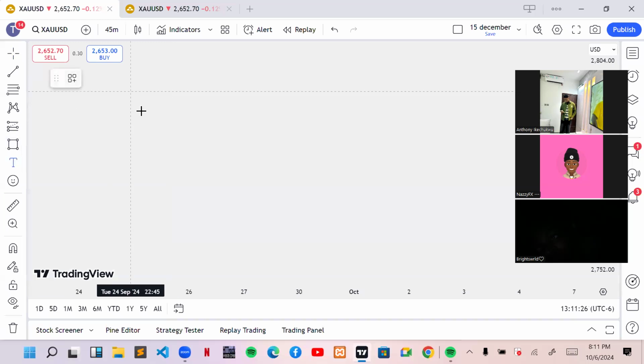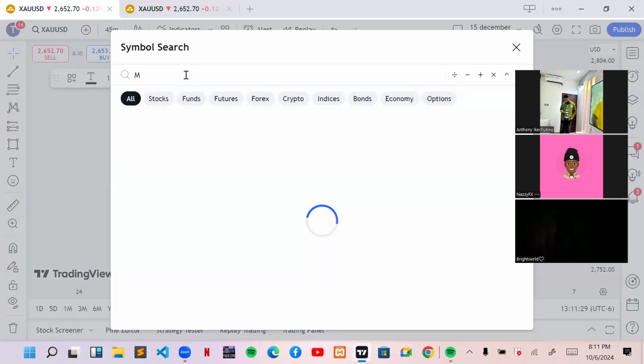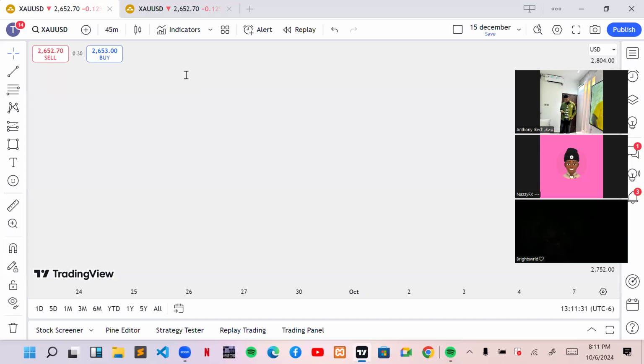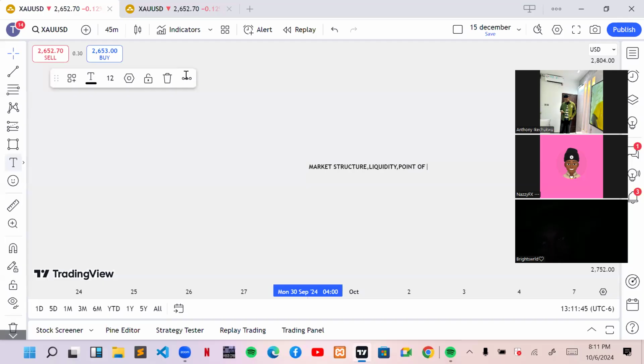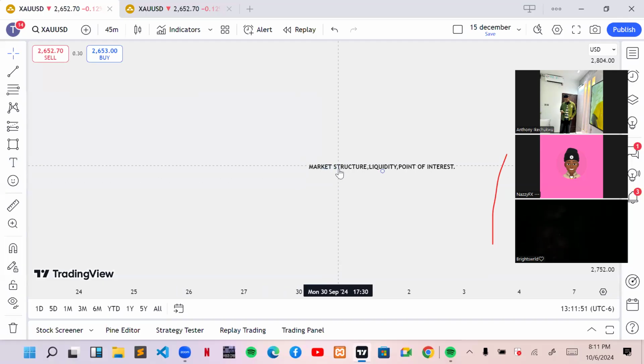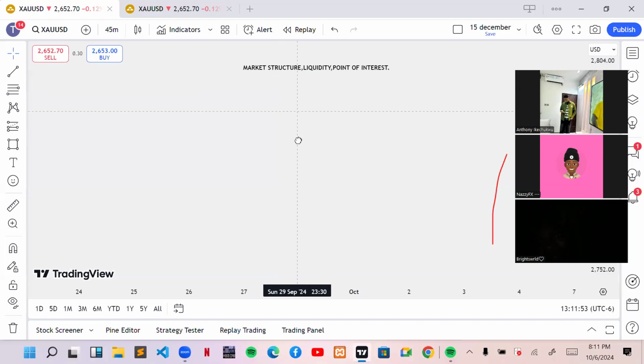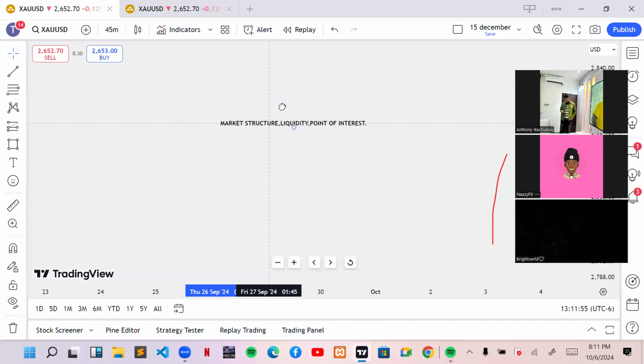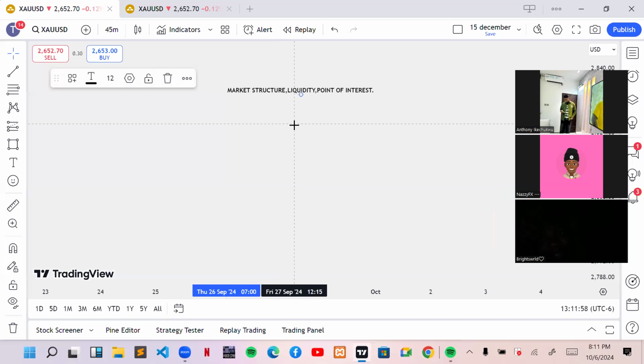So the topic is market structure, liquidity, and then points of interest.